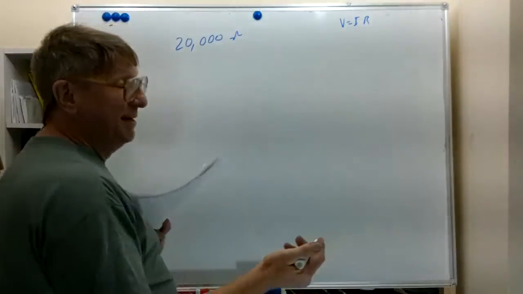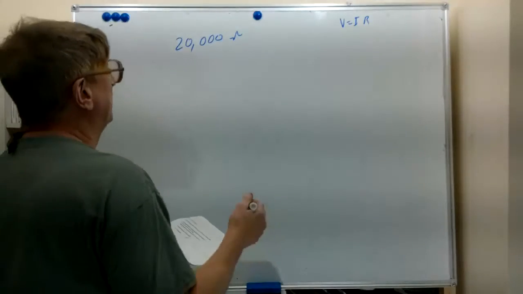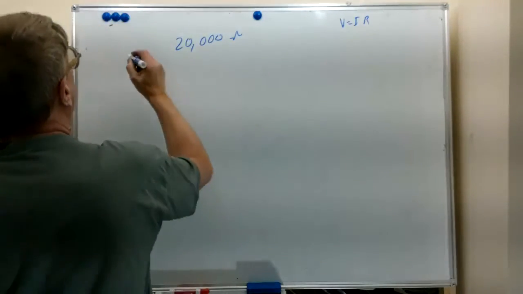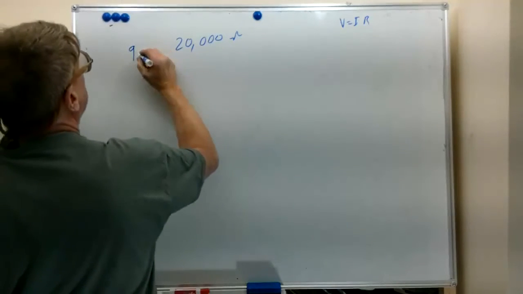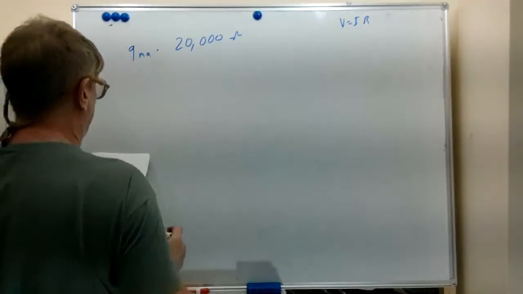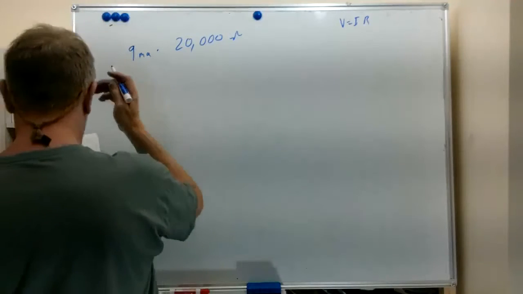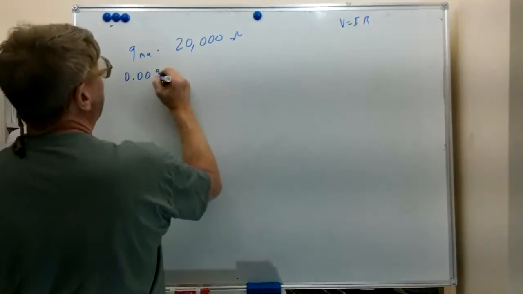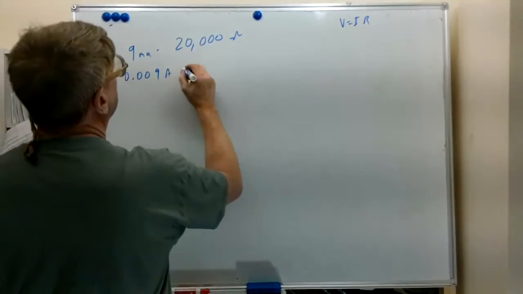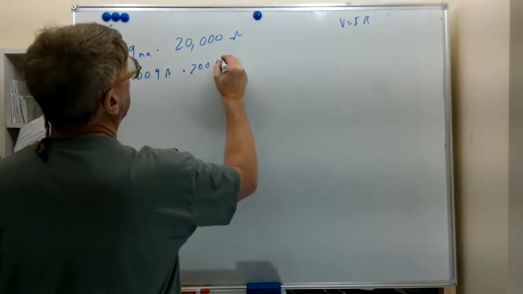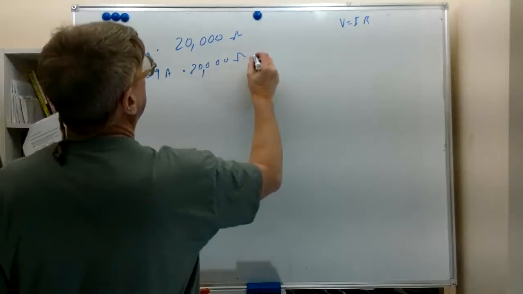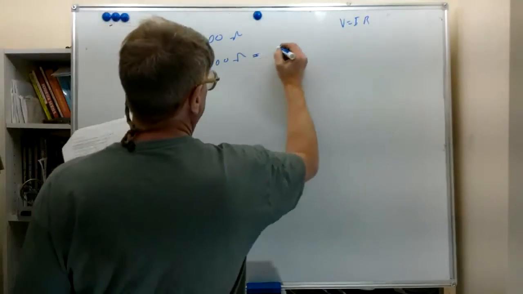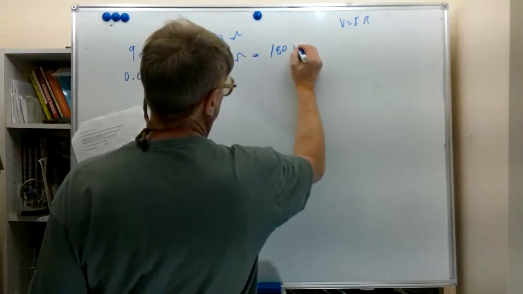That 9 milliamps, which was kind of near the upper threshold of what we talked about for ability to let go, we'll put the 9 milliamps here, times 20,000 ohms. 9 milliamps is 0.009 amps, times 20,000 ohms, that's a voltage of 180 volts.